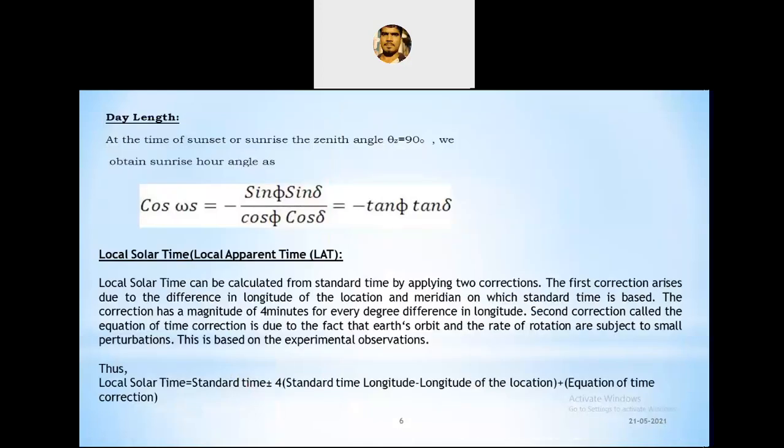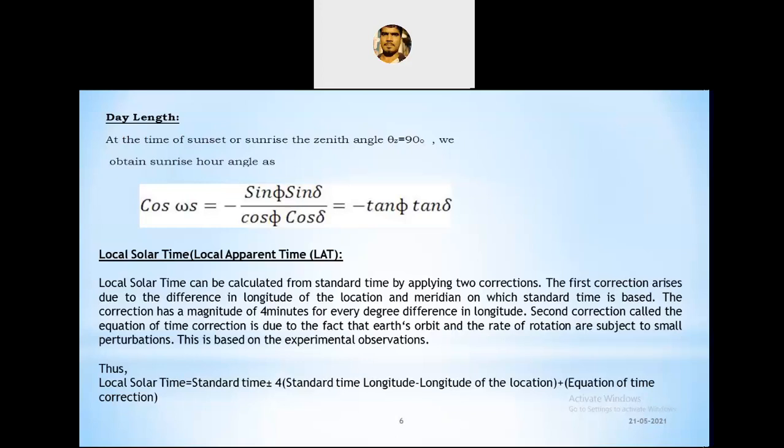The next important definition is the day length. At the time of sunset or sunrise, the zenith angle theta z is 90 degrees.